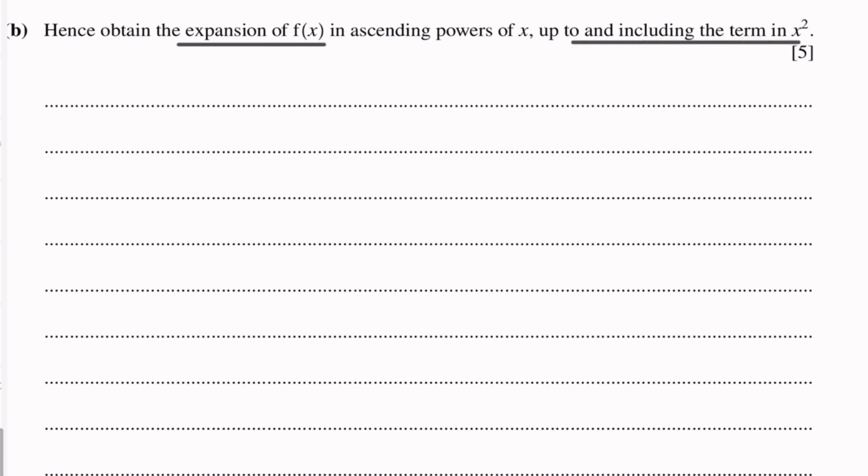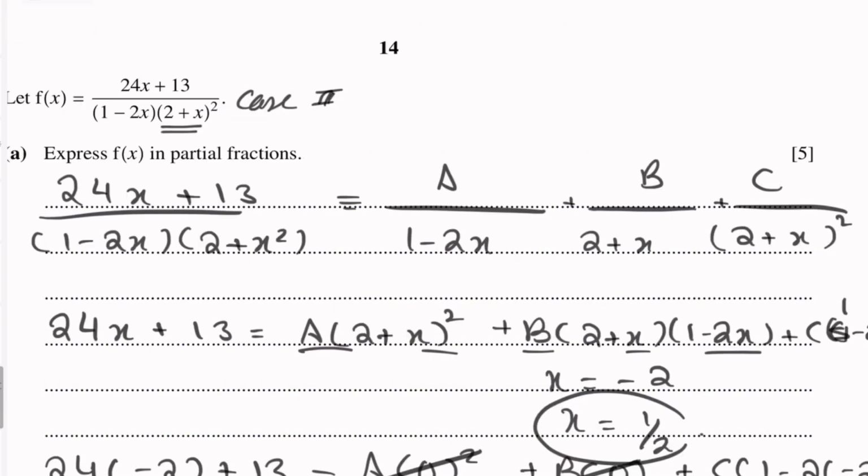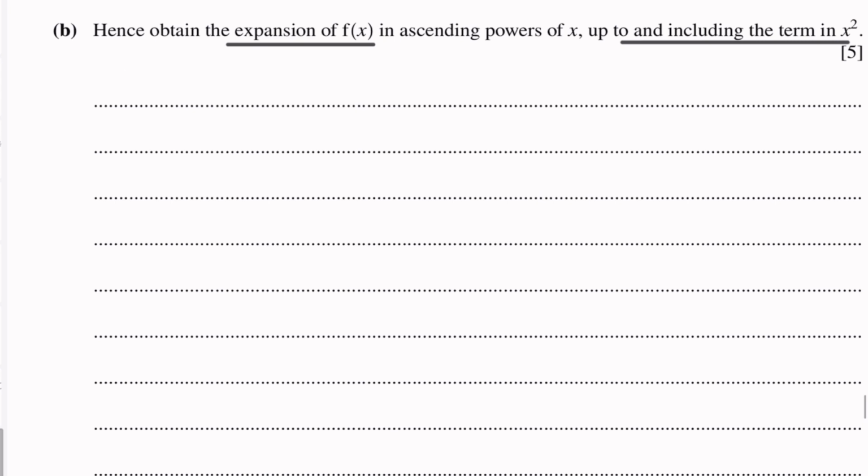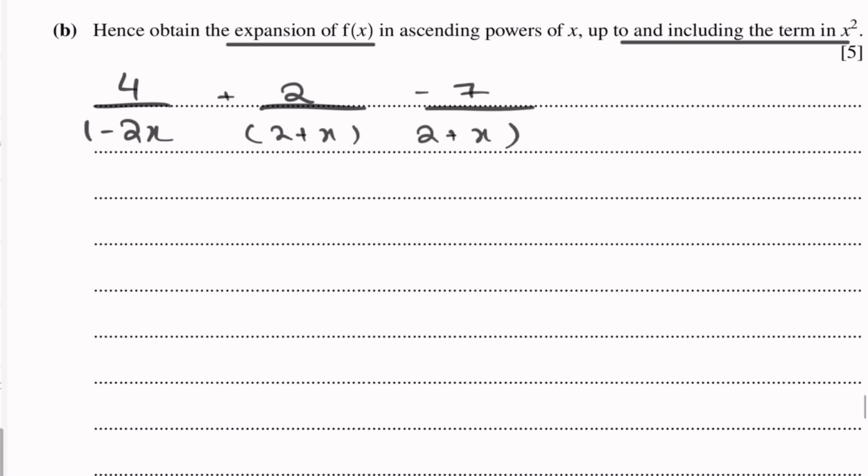So in order for us to expand this, first let me just copy down the partial fractions right here. We have 4 over 1 minus 2x plus 2 over 2 plus x and minus 7 over 2 plus x squared.